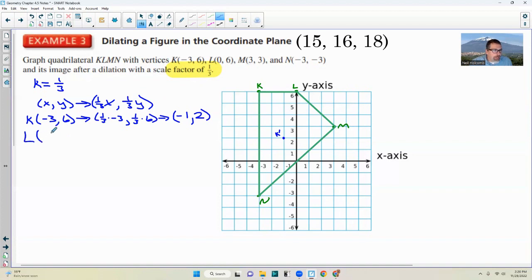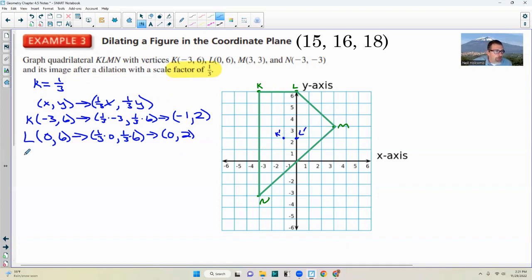So then we go to L. The point L is 0, comma, 6. Our rule says to multiply x by 1/3 and multiply y by 1/3. That is going to give us 1/3 times 0 is still 0, and 1/3 of 6 is 2. So my point is 0, 2, and that's my L prime. So it went from 3 down to a length of 1, and that is 1/3 of 3.